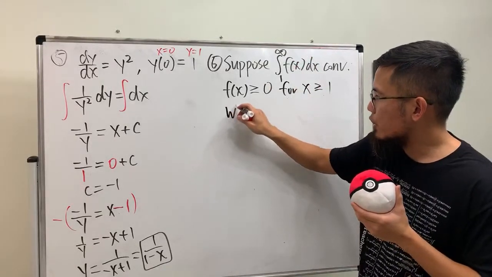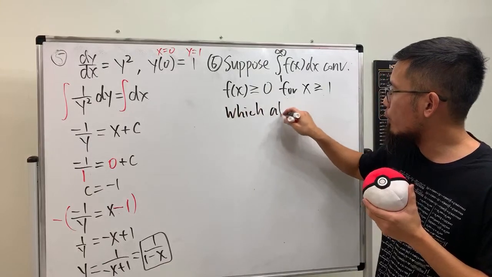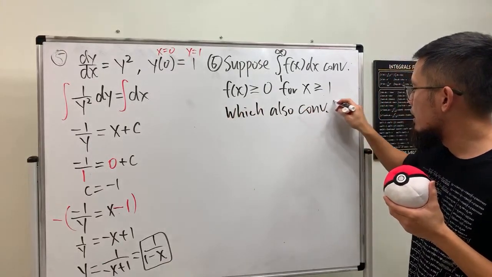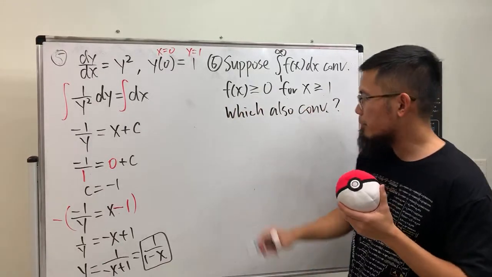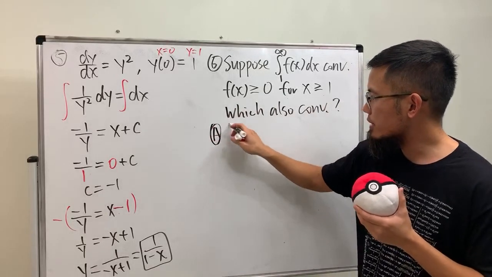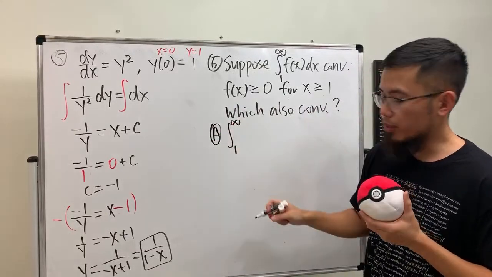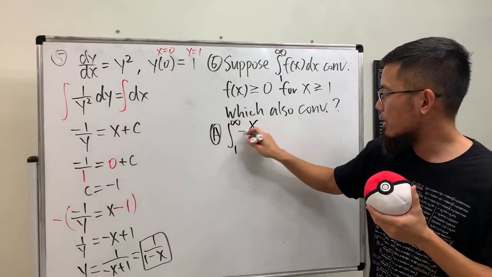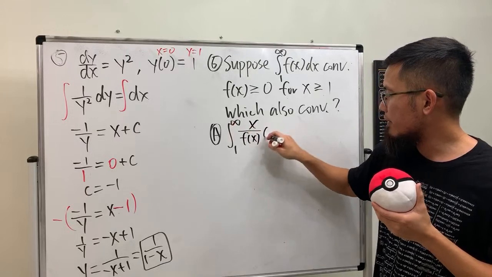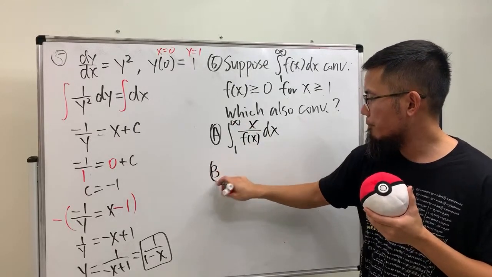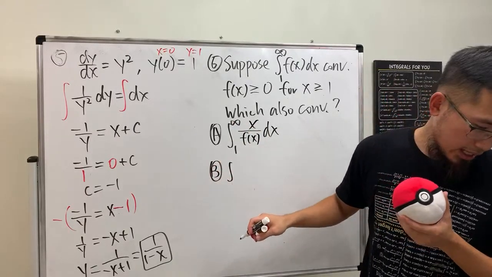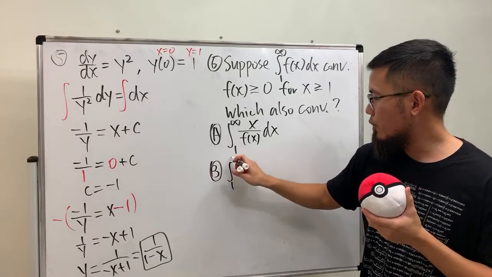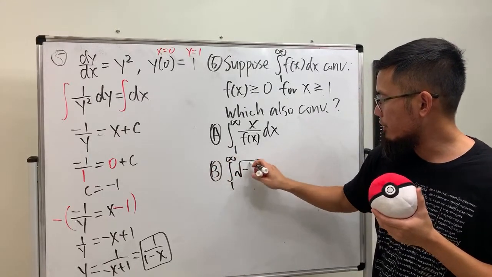The question is, which of the following also converges? And I'm going to give you guys the choices. The first one, the integral going from 1 to infinity of x over f of x dx, and then B, the integral from 1 to infinity of the square root of f of x.